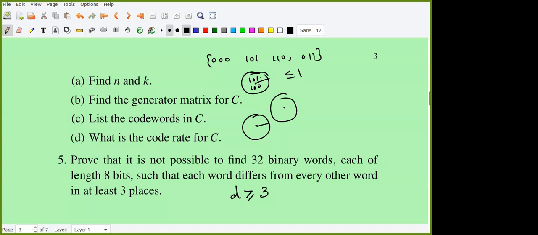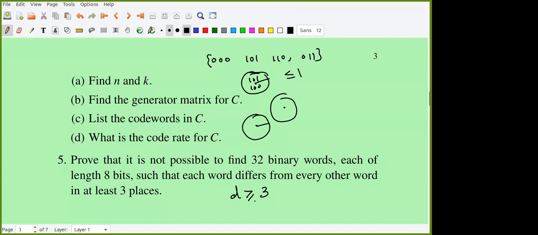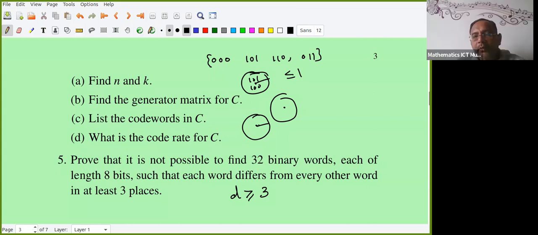So the only code word here is 101. That's what you are also saying. So when the distance is greater than or equal to 3, which words will be inside now? Not code words. The code word is only one, but how many words will be there?